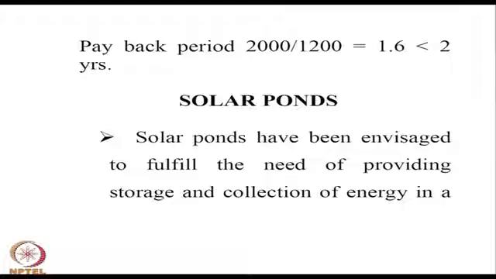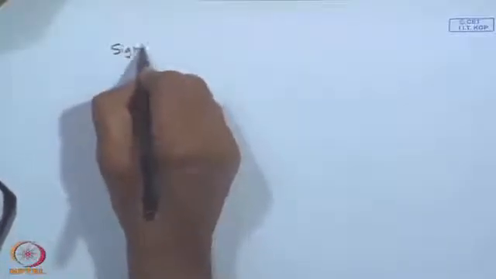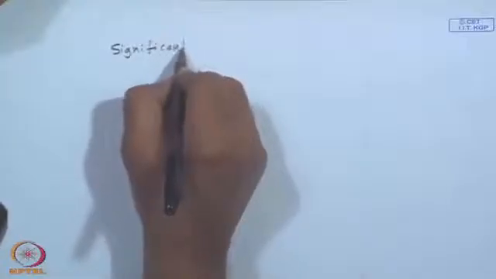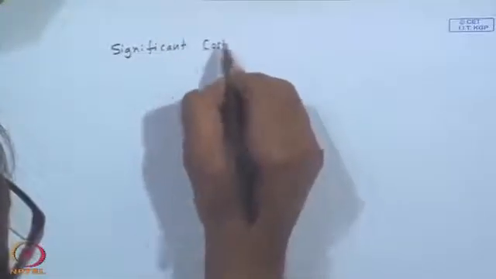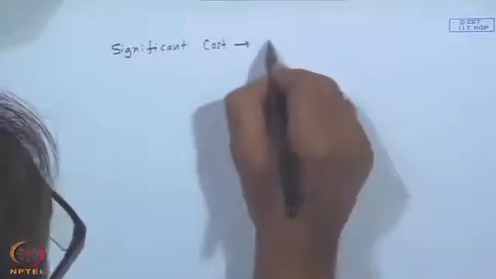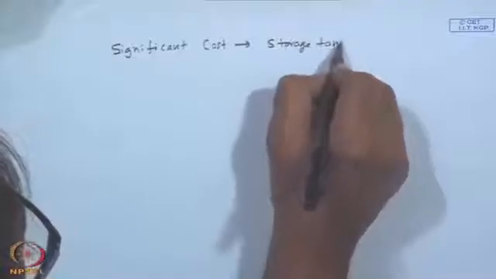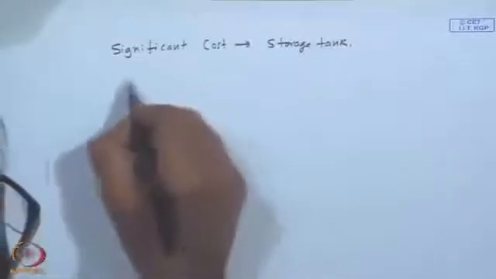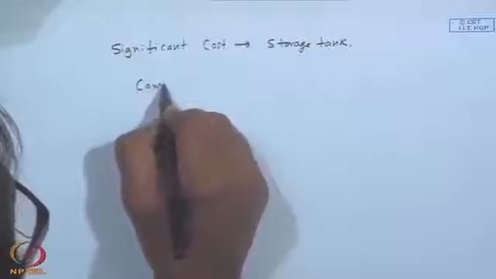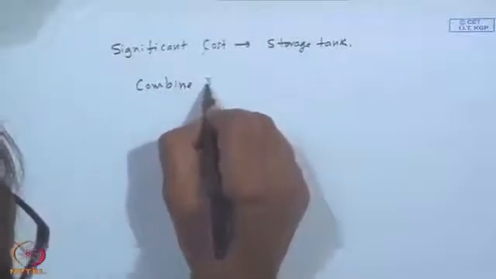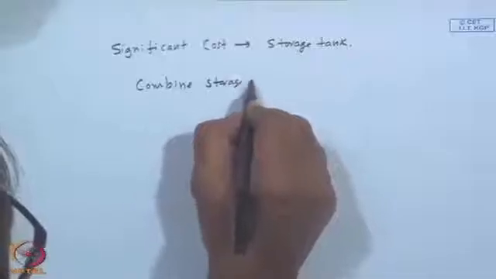Now, if you look at active solar energy systems employing, let us say, flat plate collectors, a significant cost goes to the storage tank. There are ideas, can we combine storage and collection?